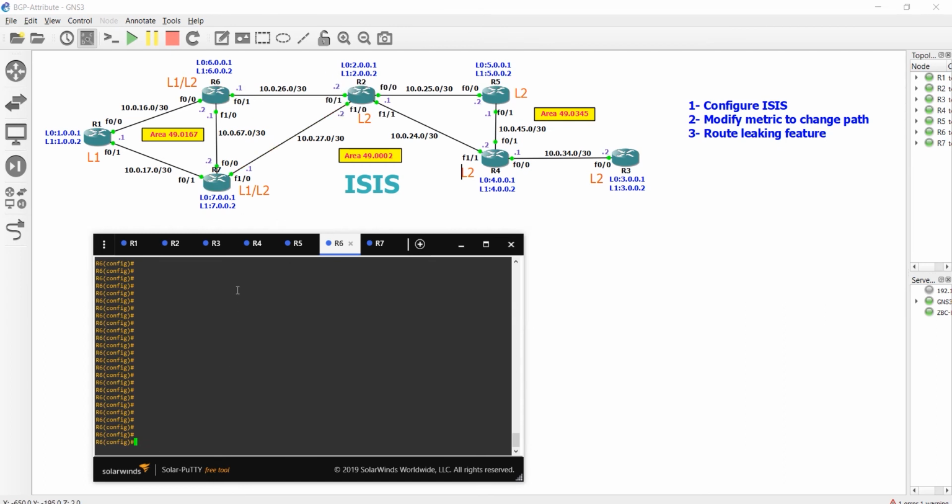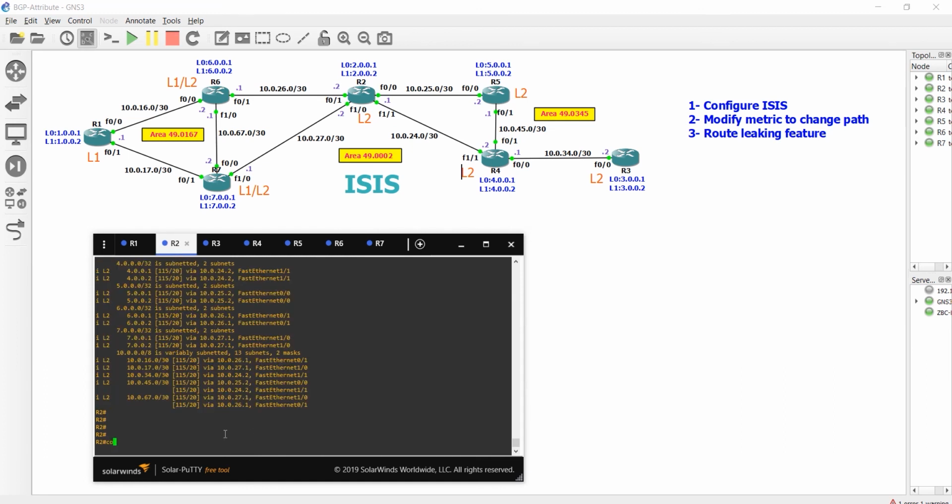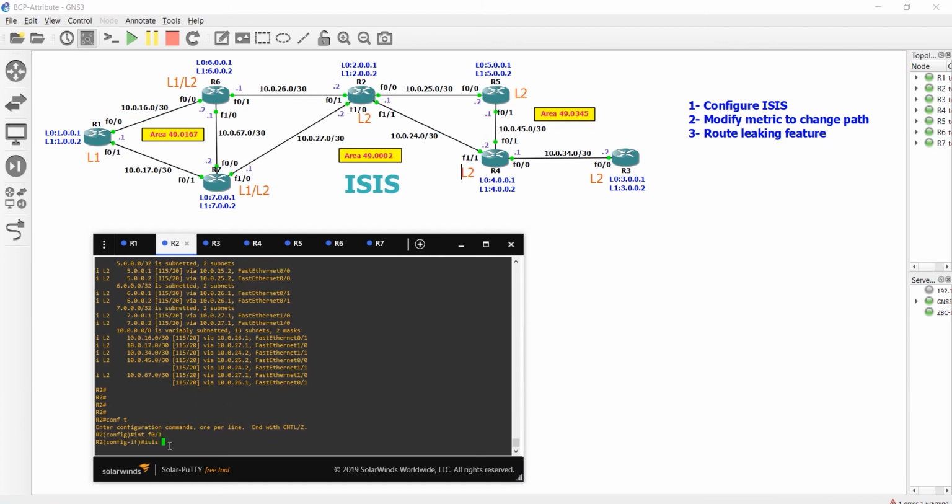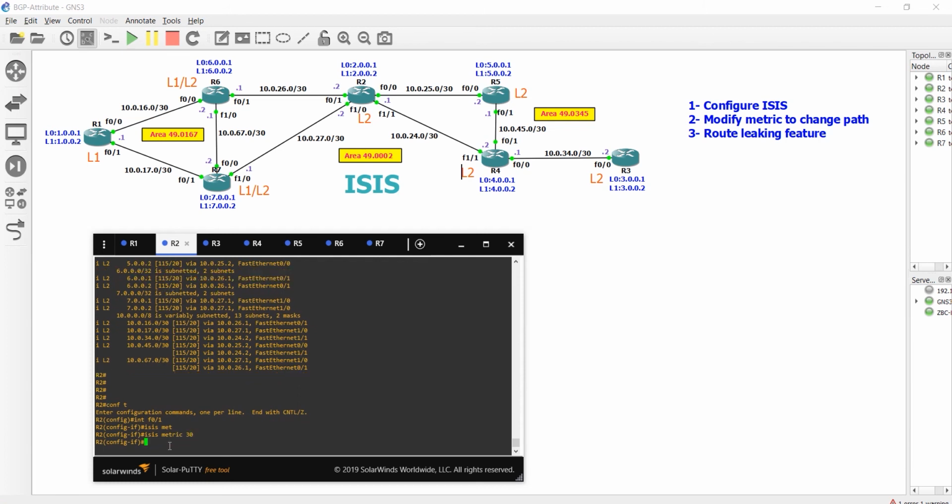This interface for R6 is F01, interface F01, and ISIS metric. The metric by default is 10. You should set, for example, 30. Okay? And now it's okay. And for R2, conf t, interface F10, this one, and ISIS metric is, for example, 30.